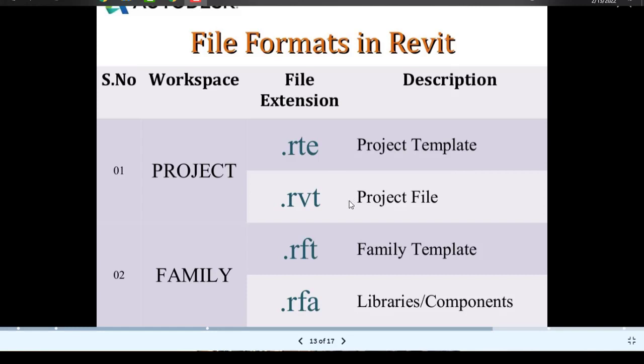And next, .rvt for project files, and for family templates it will be .rft. Libraries or components will be .rfa. These types of formats are saved at the end of the titles which we give in any project file names, like that.